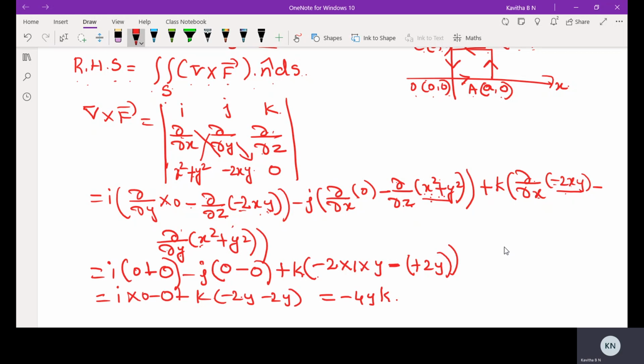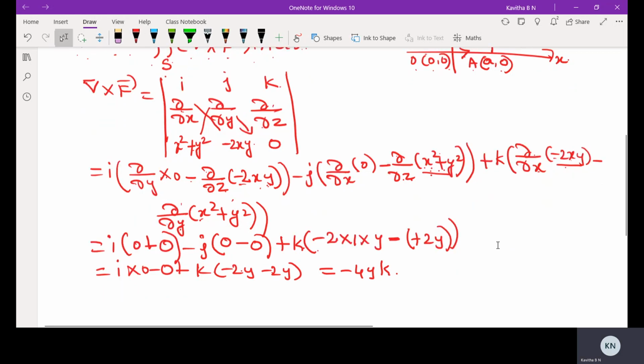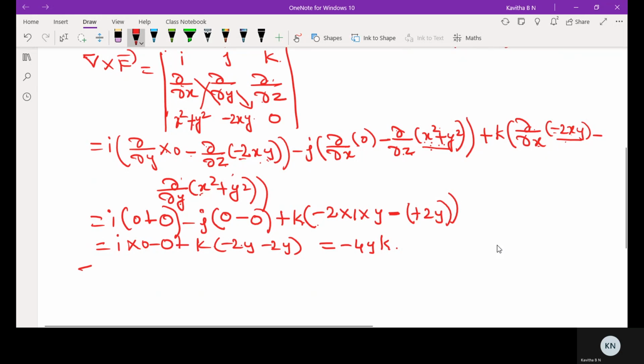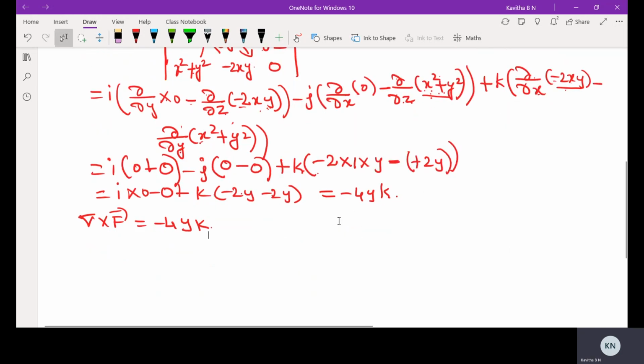Okay, then here nabla cross f vector is equal to minus 4yk. Next, we write down nabla cross f vector dot n cap ds.